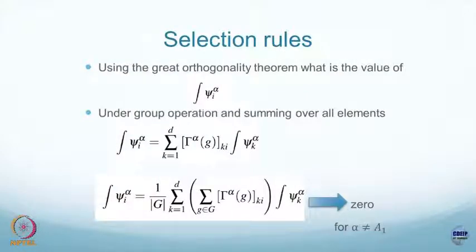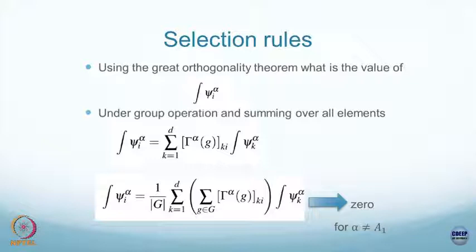Is that clear? So, that is what is the last line, that this bracketed piece, by the great orthogonality theorem, will be non-zero only for A1, it will be 0 otherwise. Clear?